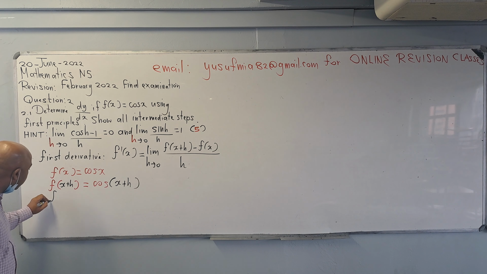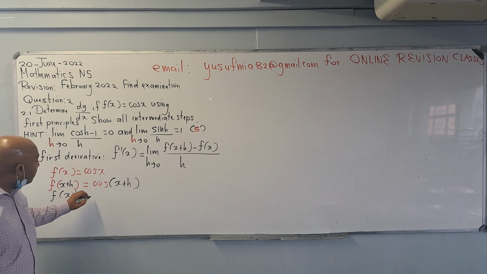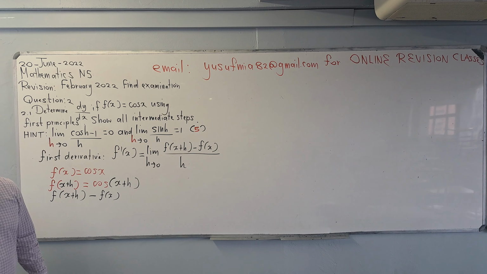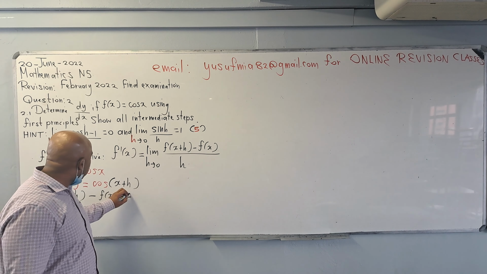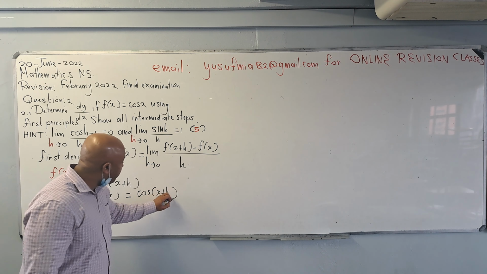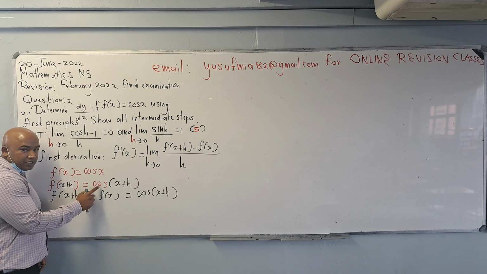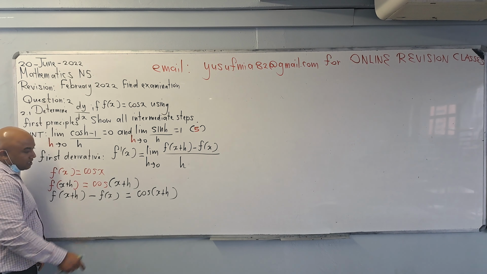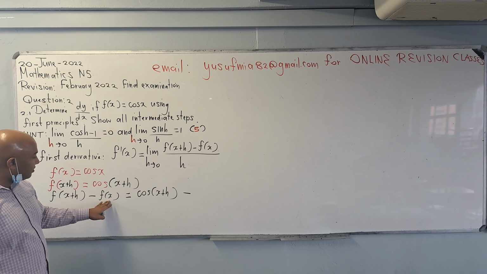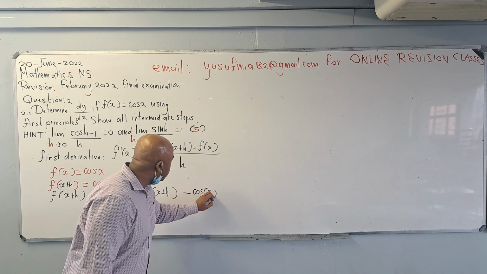So I got my f of x plus h minus f of x. Okay, so my f of x plus h is cos of x plus h. That's what we have here. Here's my f of x plus h, which is cos of x plus h, minus f of x, which is just cos of x.